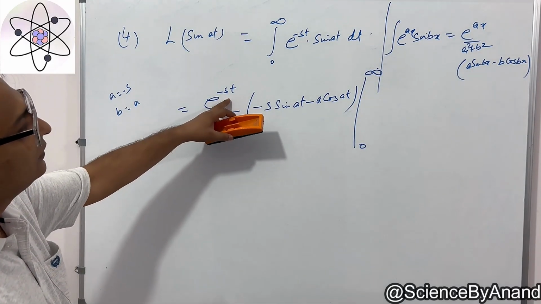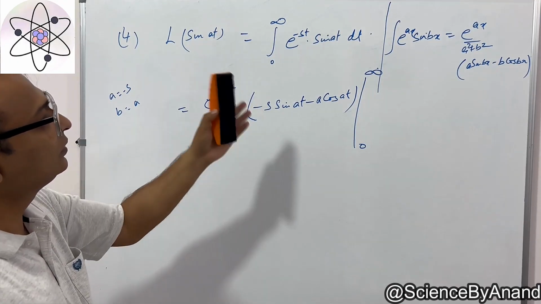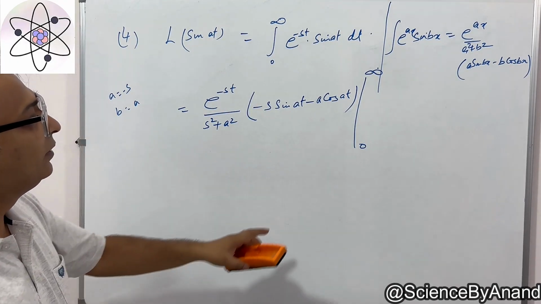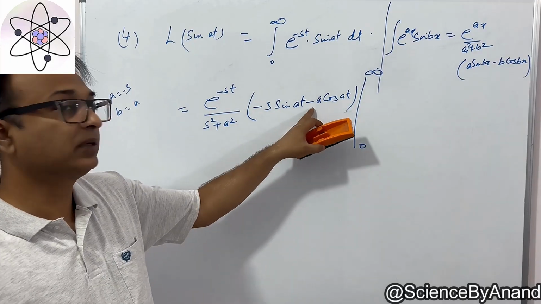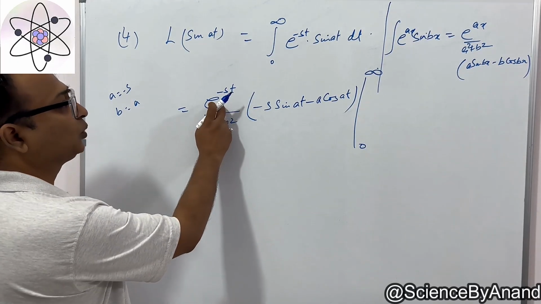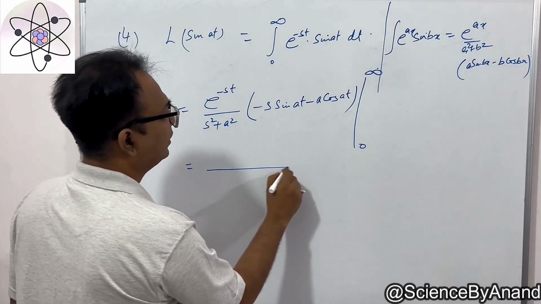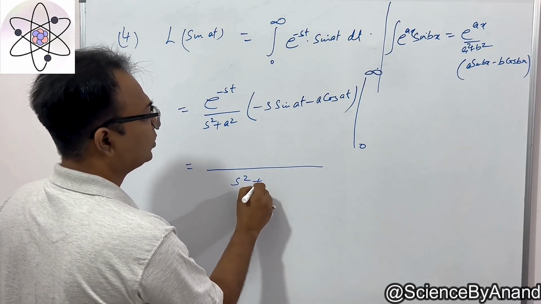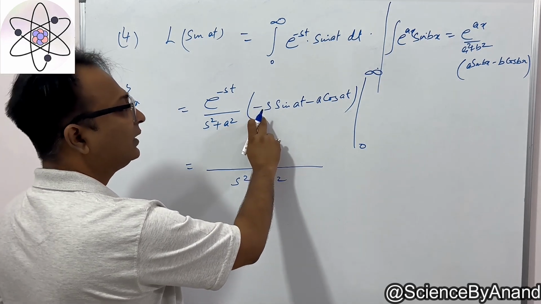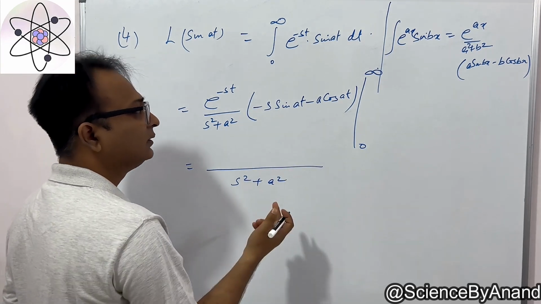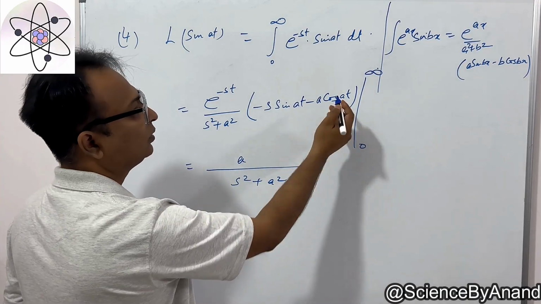What we will get? When the limit is infinity, this is 0, so everything is gone. When the limit is 0, in minus this becomes plus, this becomes 1. So this will be s square plus a square in the denominator, and here this is s sin 0, that is 0, plus a cos 0, that is 1.